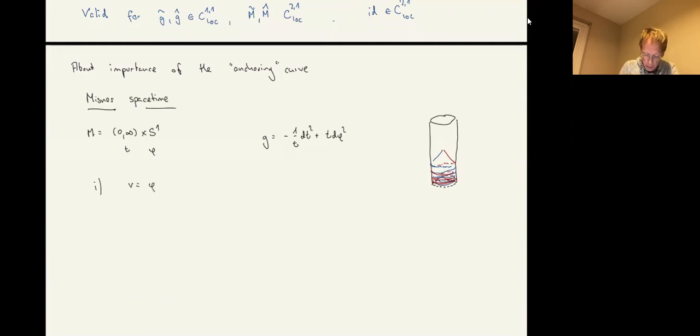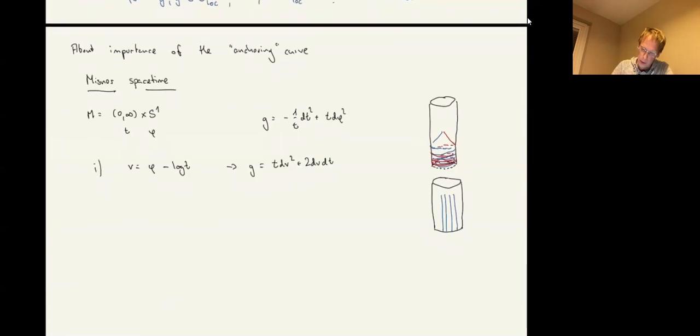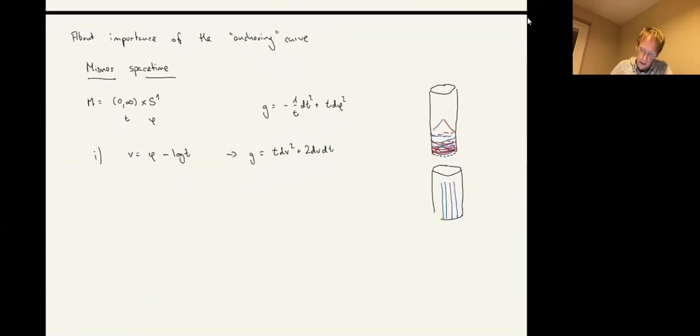You introduce a coordinate v equals phi minus log t, and then the line element takes this form. What we have done here is we have straightened out the left-going ones, so they intersect the boundary t equals 0 transversely.